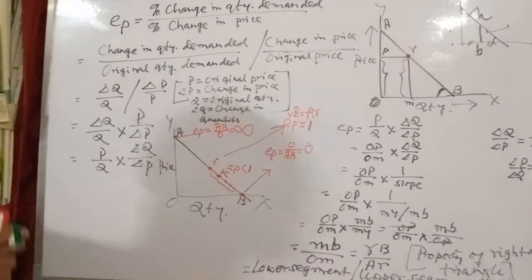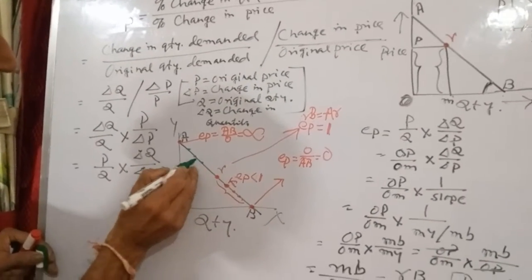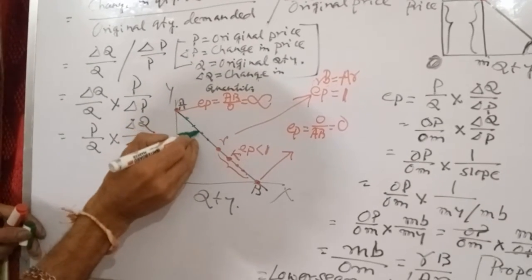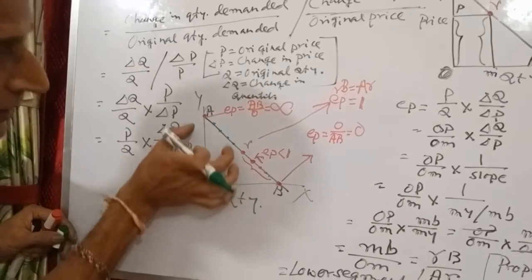Now in between R and A, at this point or this point or this point, for all these points, the lower segment is more than the upper segment.